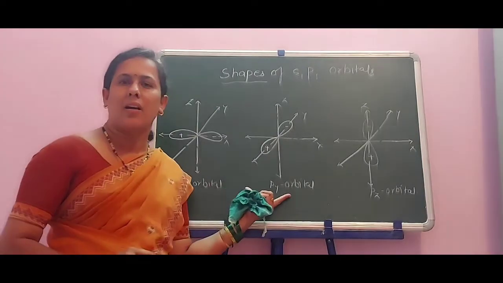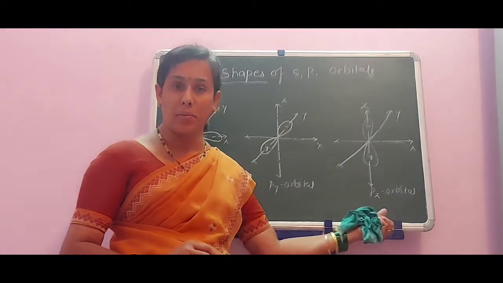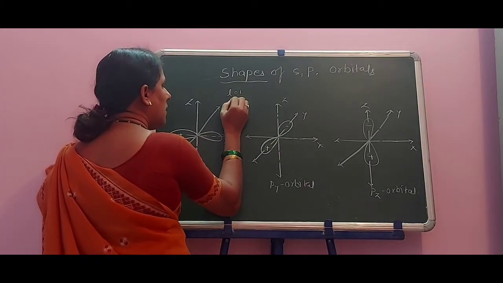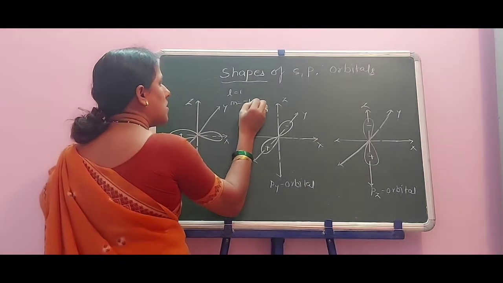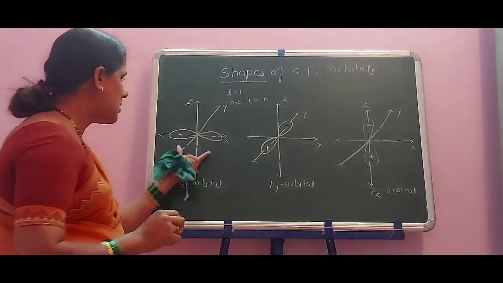Now these are the diagrams of the px, py and pz orbitals. According to l equal to 1, m has 3 values: -1, 0 and +1. These are the p orbitals.